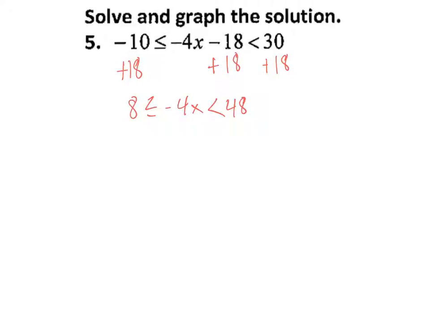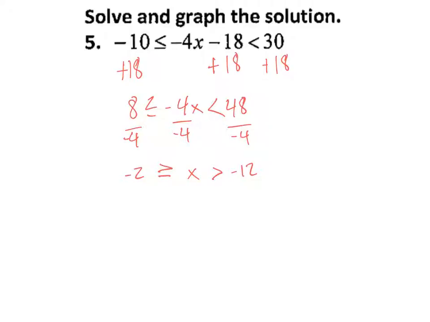X, right? So I'm dividing by -4 on all sides. Okay, 8 divided by -4 is -2. X. 48 divided by -4 is -12. What happens when I divide by a negative? Fix the sign. Okay, so now this becomes a greater than or equal to, and this one becomes a greater than.